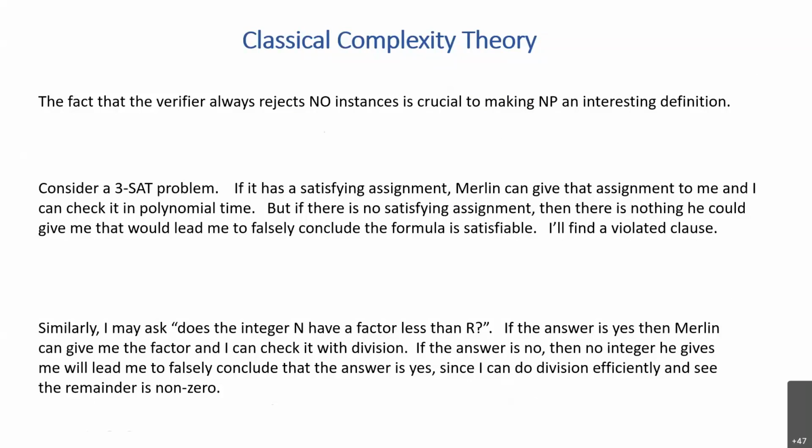You could run through the same argument with integer division. You ask the question about a factor less than, say, r. Merlin gives you some number and you check it with division. But if there is no factor, then there's no way he's going to trick you that there was one. So it's not the case that we just believe everything the wizard says, because then there would be nothing interesting about this.